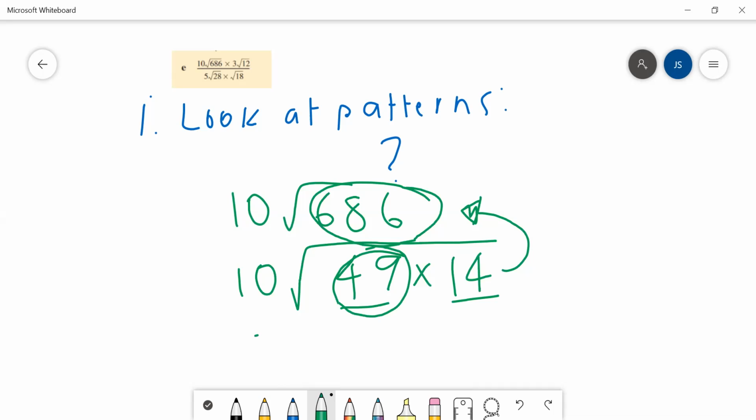So this can be simplified as now 10. Square root of 49 is 7, and that's why it moves outside of the square root, and we're still left with 14.